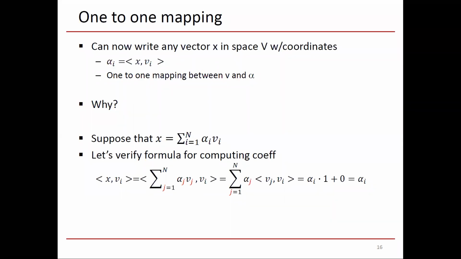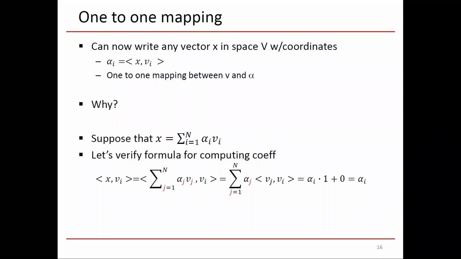So why do we have this one-to-one mapping? We can now express any vector x in our vector space capital V, which again is an inner product space, with coordinates. So alpha i is going to be the inner product between x and the vector vi, and there's a one-to-one mapping between x and alpha. If you have the x vector, you can get the alpha vector.